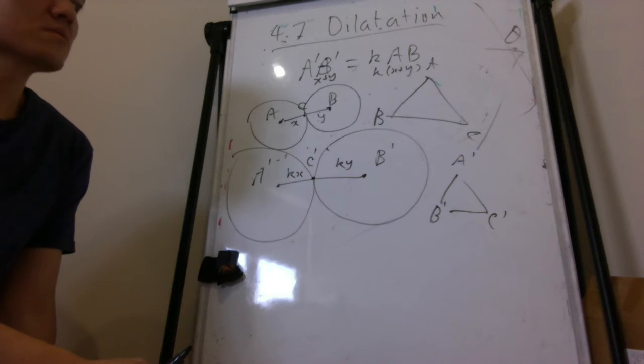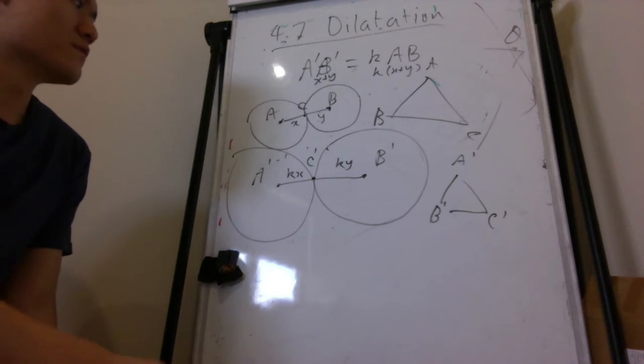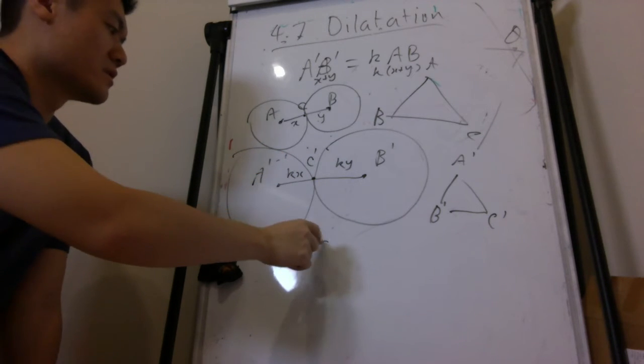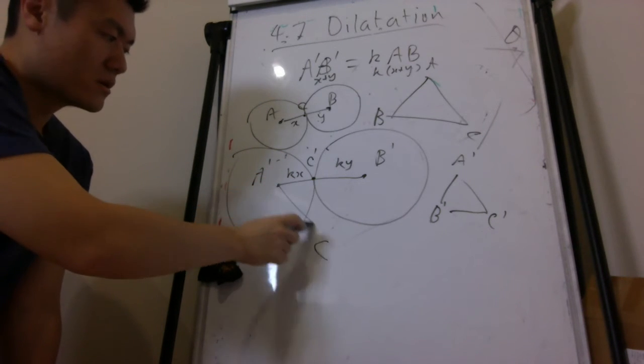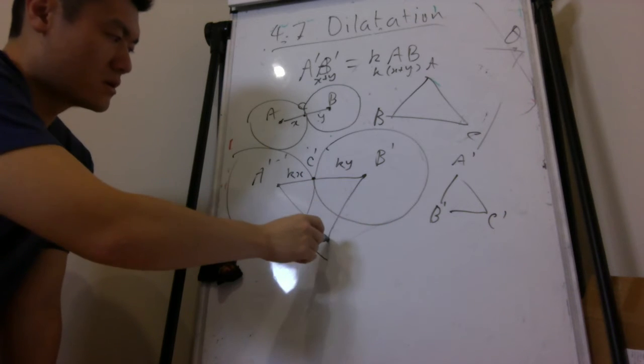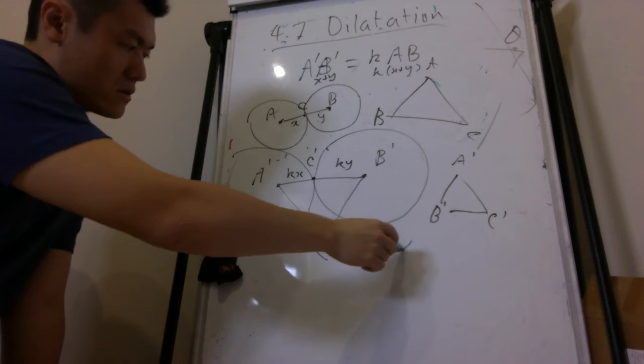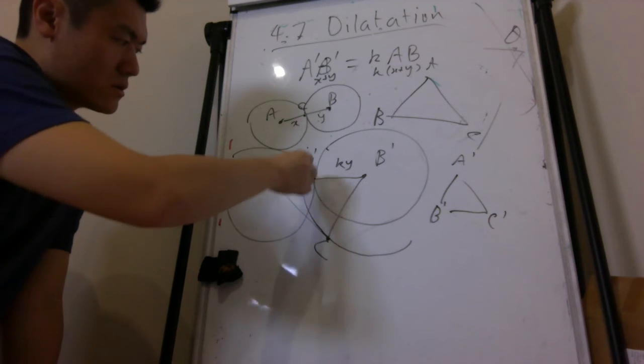Wait, how do you find point C? For example, if you have a C here, it has a distance, yeah? So it's the intersection of two circles, like the pivot triangle.